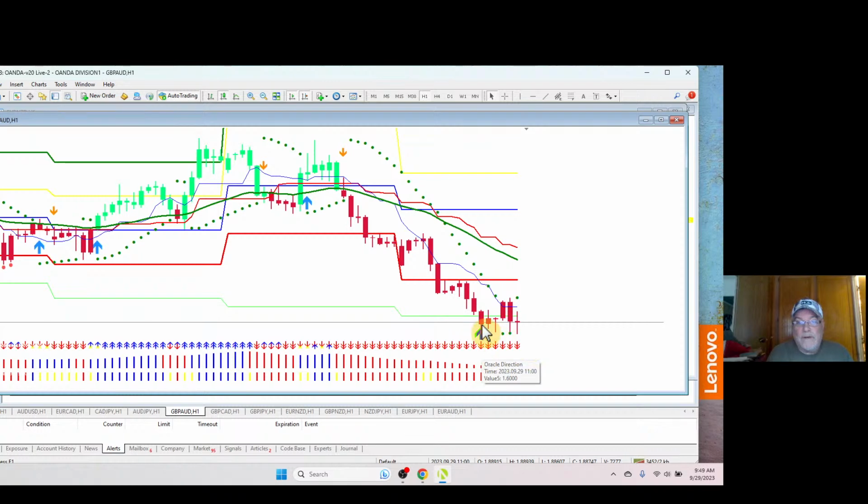Now see, if you wanted to here, you could take the low of that candle, and that's your stop. But because I was in it over here in that candle, it's actually where it's at right now.